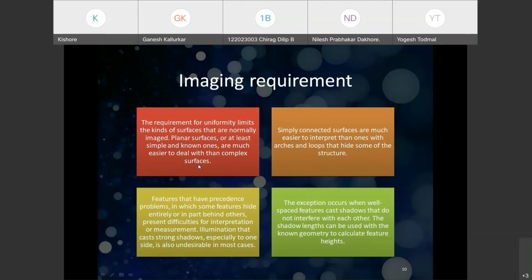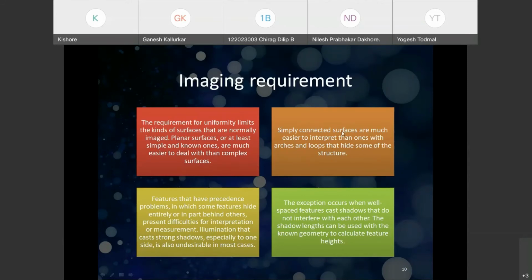But if there is a feature at a different height from the focused plane, that feature is not clearly visible, isn't it? The same is the problem with any imaging: it has a certain focus, and anything beyond the focus is probably blurred out or not sharp enough. Modern phones have the capability of multiple focus, and they try to sharpen the image, and that is one of the image processing techniques.